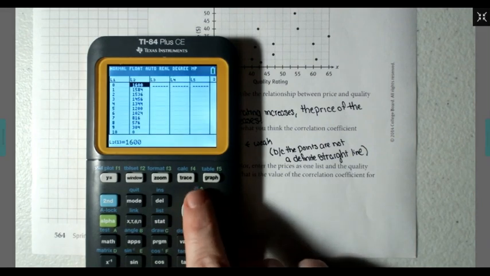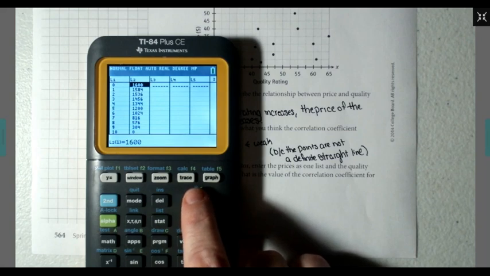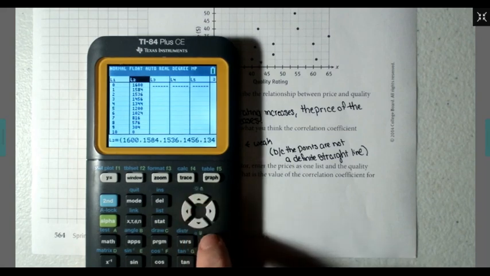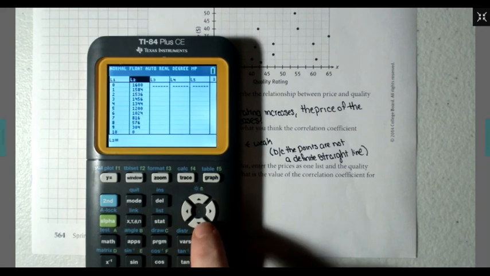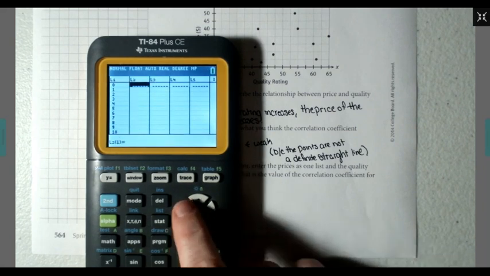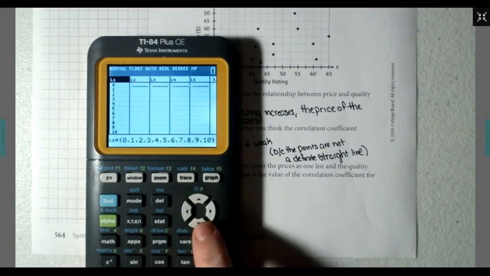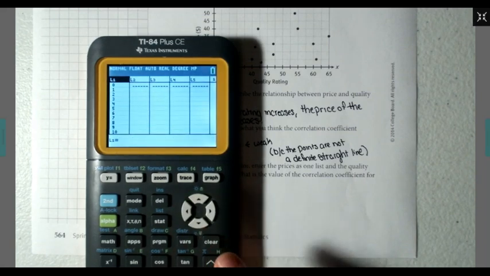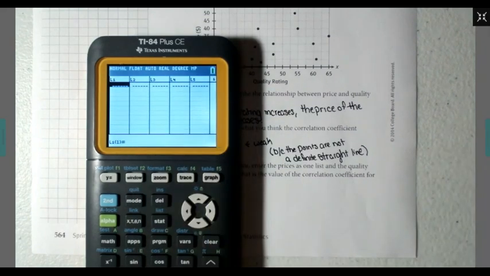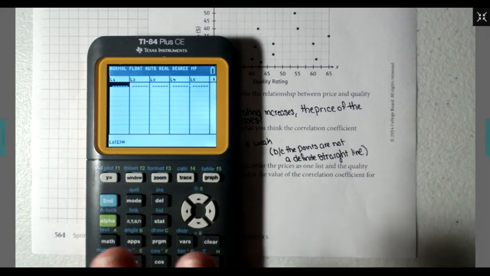Notice that I already have data in my L1 and L2 columns, so I'm going to clear those out. All I do is go up to the top where it says L1, L2, and press clear and enter, and it'll clear the whole list for me. We don't want to press delete because then it deletes the entire column and it's very hard to get those back.